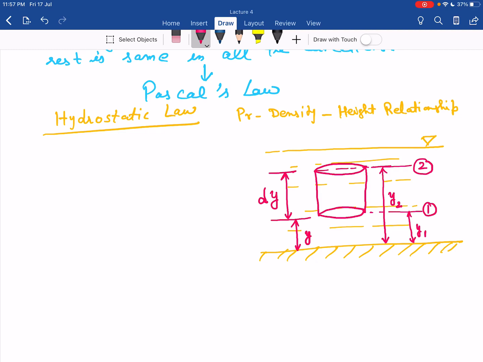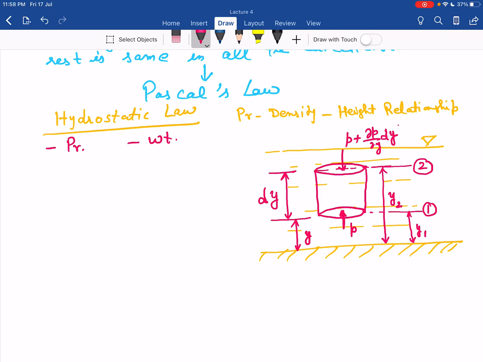Now this element is under fluid static condition. So it experiences two types of forces, pressure and weight. Let P be the pressure intensity acting on the bottom face, and on the top face the pressure intensity is somewhat higher than this P, that is P plus ∂P/∂y into dy.